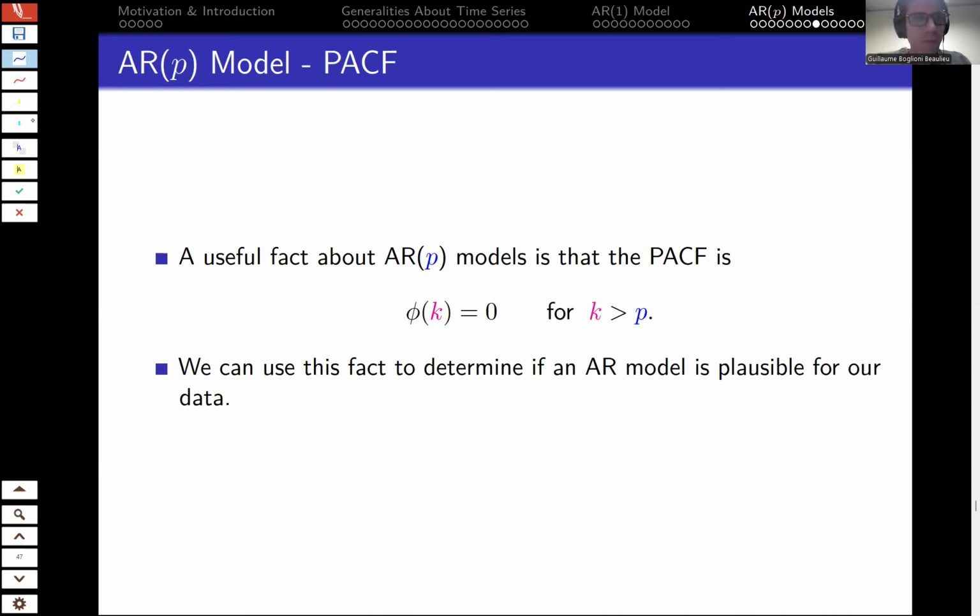In fact, for an AR(p) model, what we have called the partial autocorrelation function is 0 at all the lags that are strictly larger than p. Okay, and you could call this a cutoff property.